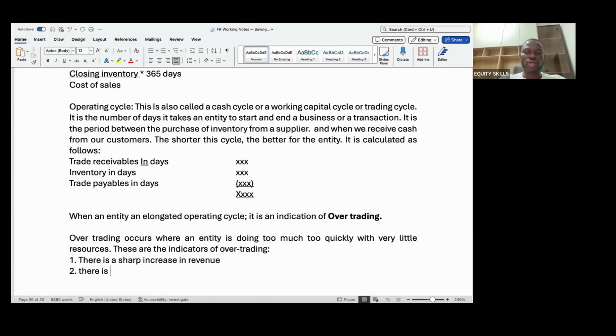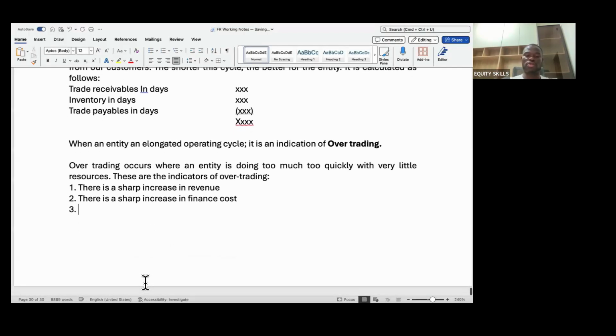Number two, you see a sharp increase in finance costs, indicating that they are borrowing a lot of money. And because their revenue has increased, most likely they become more profitable, resulting in a sharp increase in taxes. So they will pay more tax.